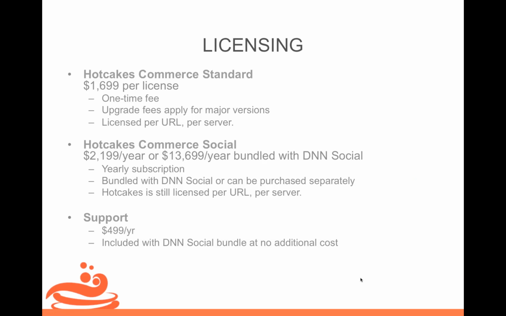If you had a 2-server web farm, and it was just doing a load balance for one website, for one URL, then you'd have to purchase 2 licenses, one for each of those servers for that URL. Now, if you had a multi-tenant installation on 3 servers, and each one of those had 3 websites, then you'd be looking at 9 licenses at that point. So that's how that's going to be licensed.